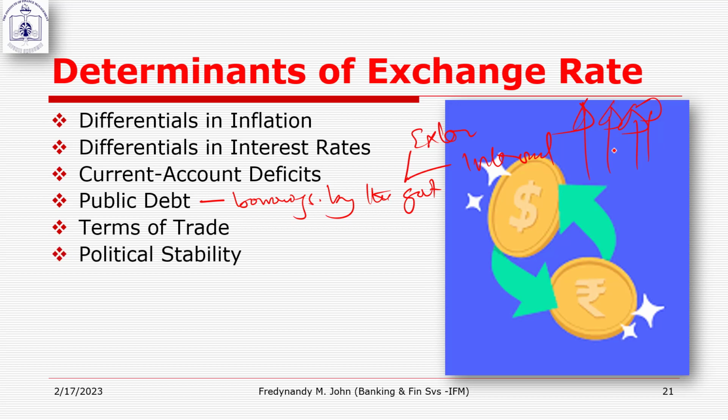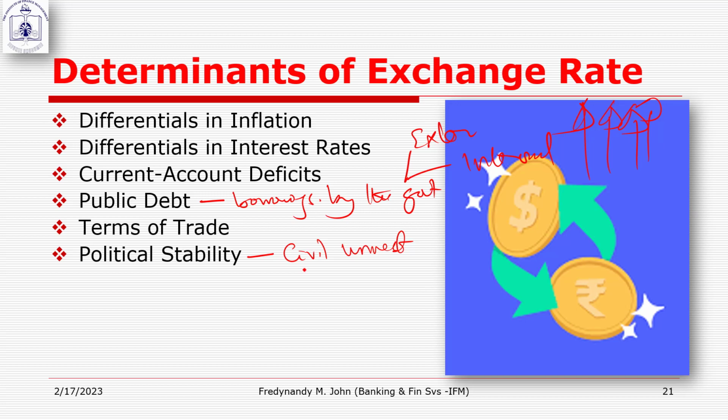Political stability. This is straightforward. If you have serious civil unrest, expect that your currency will depreciate in its value. Remember the Arab Spring. Remember civil war in some countries.